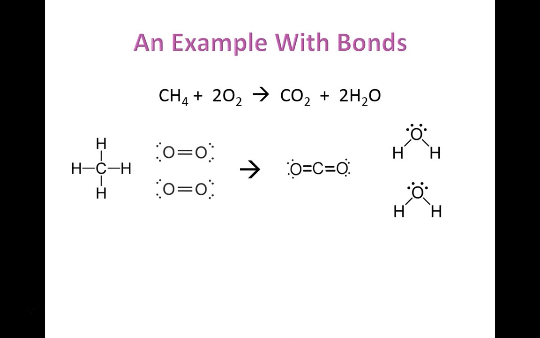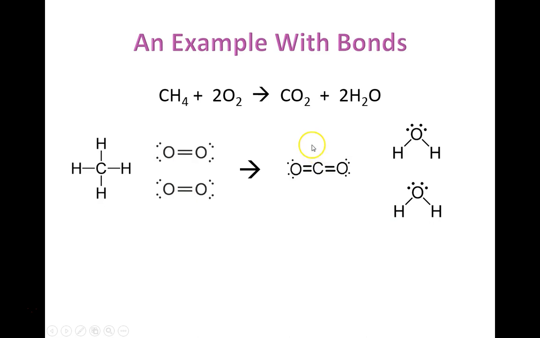So you can see there we've got the methane here, and it has 4 of these carbon-hydrogen single bonds. Then we've got 2 oxygens. Each oxygen has a double bond, an oxygen-oxygen double bond. So we'll be breaking 2 oxygen-oxygen double bonds here.